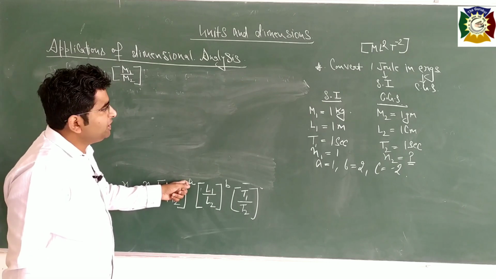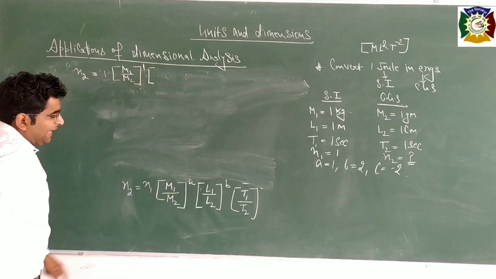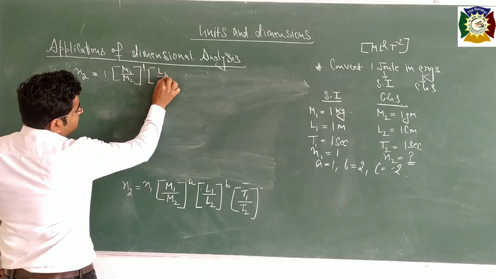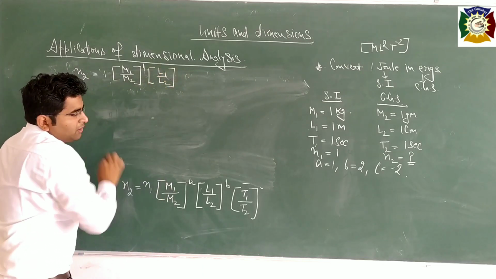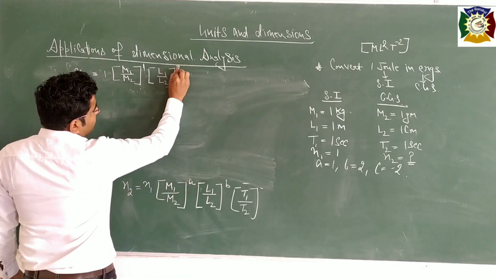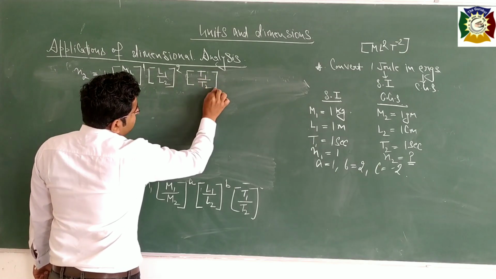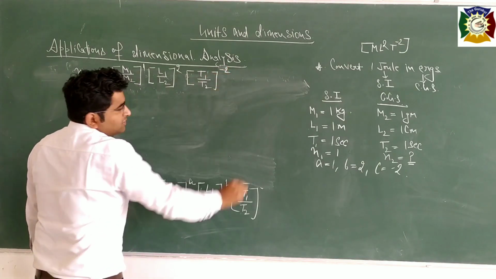M की कौन सी पावर पर डिपेंड करता है? 1. L1 divided by L2, लेंथ की कौन सी पावर पर डिपेंड करता है? 2. T1 divided by T2, it is minus 2.